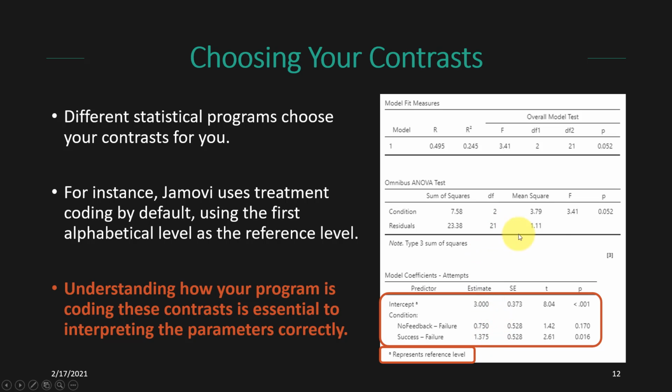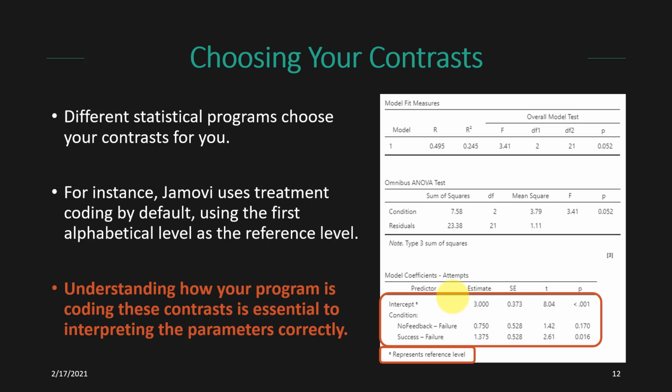Again, regardless of the contrast, the F-tests and the ANOVA table will work out the same because it's based on the reduction in the sum of squared errors. But down below, the individual estimates of these parameters are affected by how you code your variables, because what x equals 0 means makes a big difference.